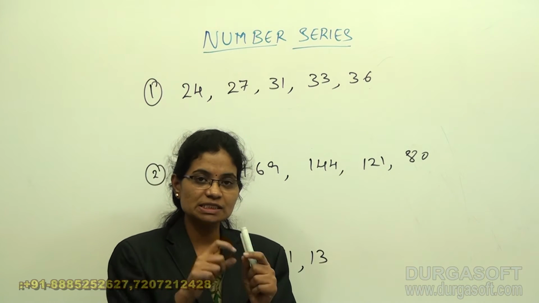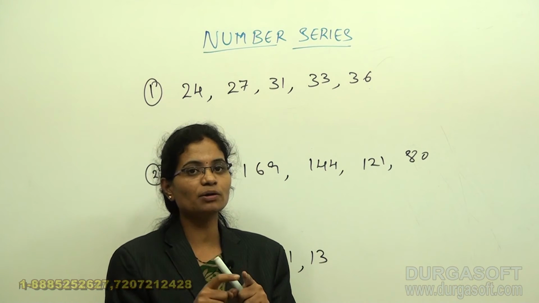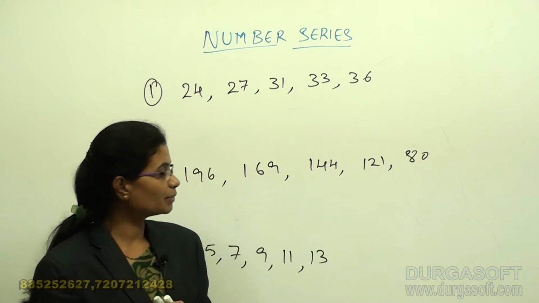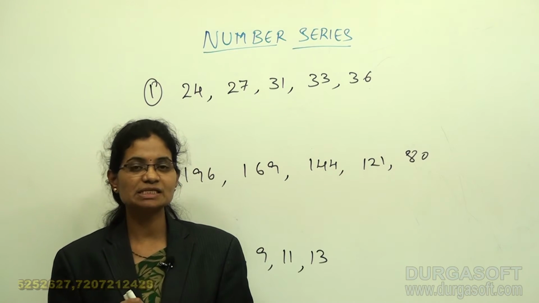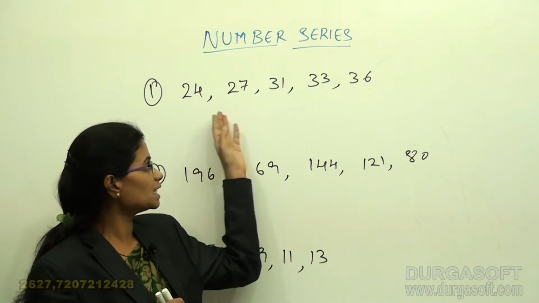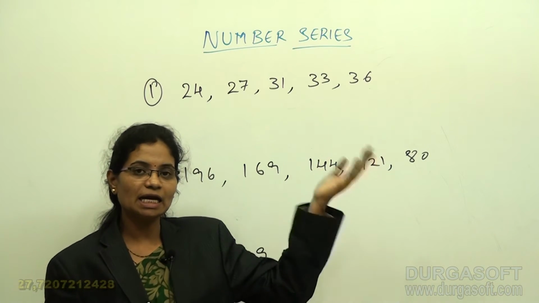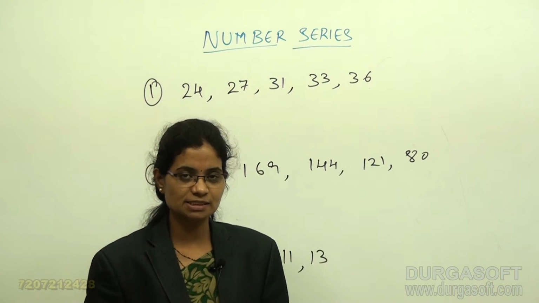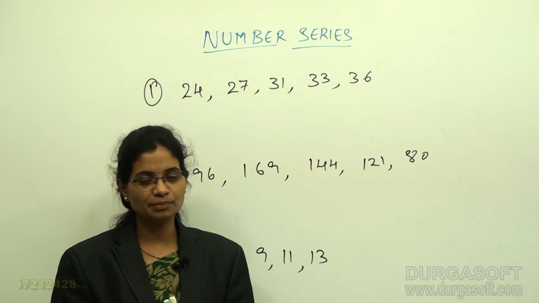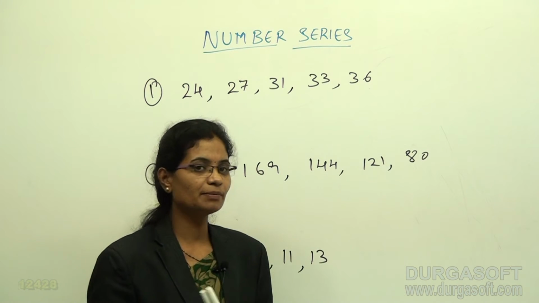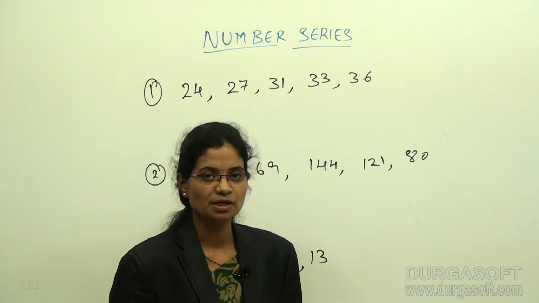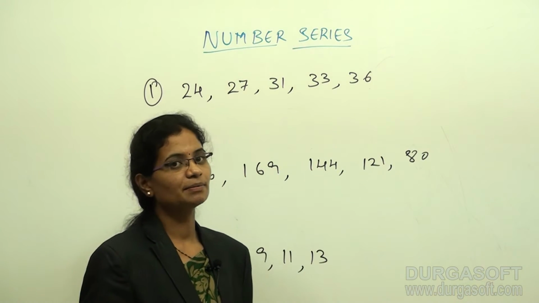Coming to the missing number, if the series is given, they will ask us to find out what will be the next number. So that will be a missing number type of question.